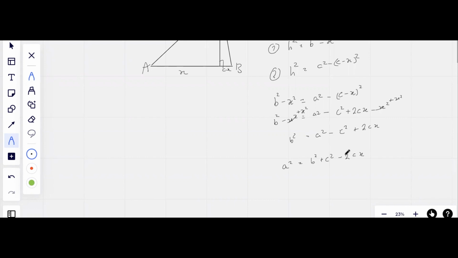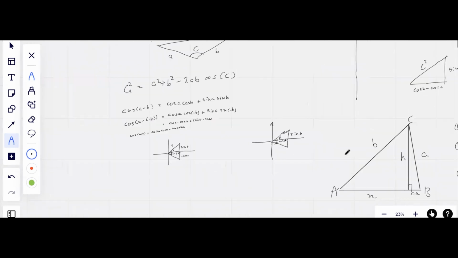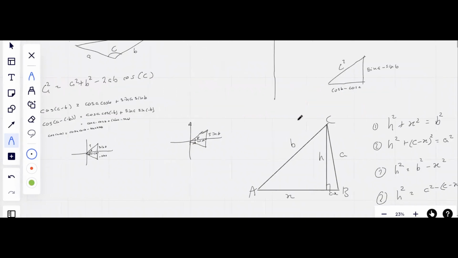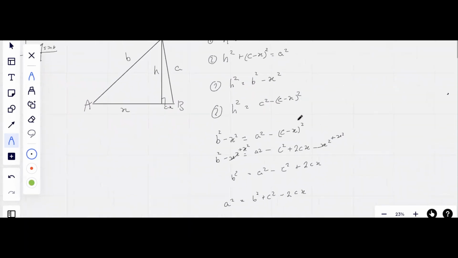And we're getting something that looks very similar to the identity I showed last time. Let me write that clearly, 2cx.